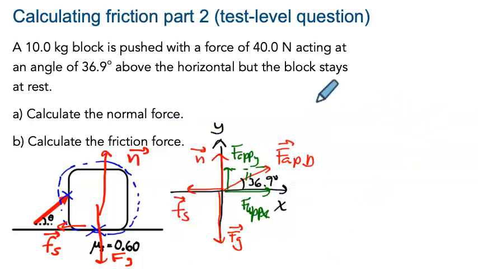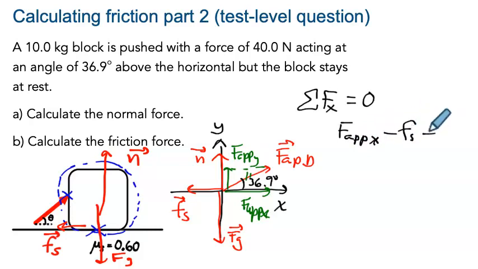So that's the next step. That's really where we want to get at. We know that the block stays at rest, so the sum of the force on the x-axis will be equal to 0. Then we go back to the free body diagram to figure out what's on the x. Well, we have F applied x pointing to the right, so positive direction in here. And we have minus the force of static friction, because static friction is pointing to the left.